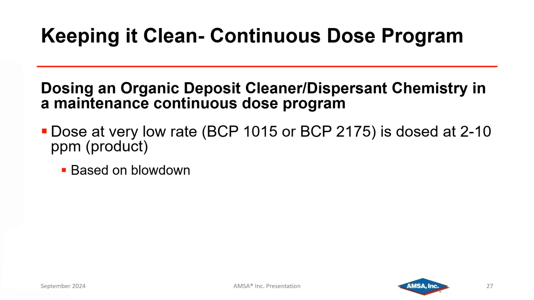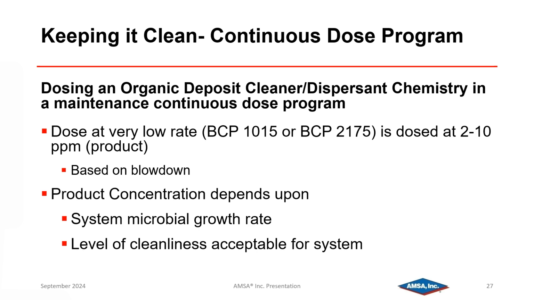That would be somewhere in the area of 2 to 10 ppm of product. Now, note this dosing is based on blowdown. And once again, the product concentration depends on the regrowth rate as well as the acceptable level of cleanliness for the system. Because you're dosing the chemistry continuously, you do not have to factor in the frequency of the dosing program.